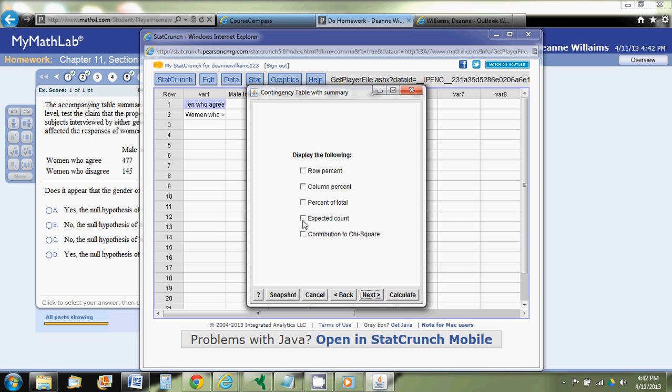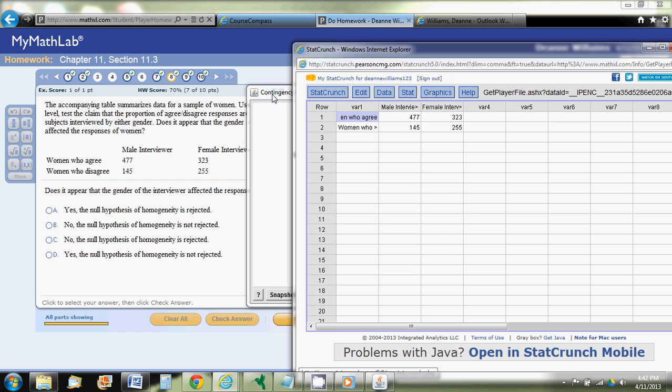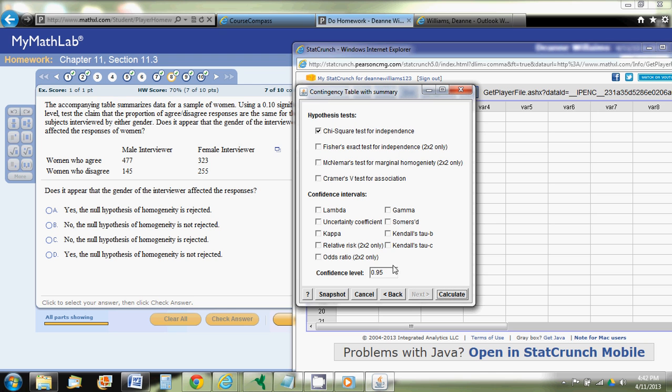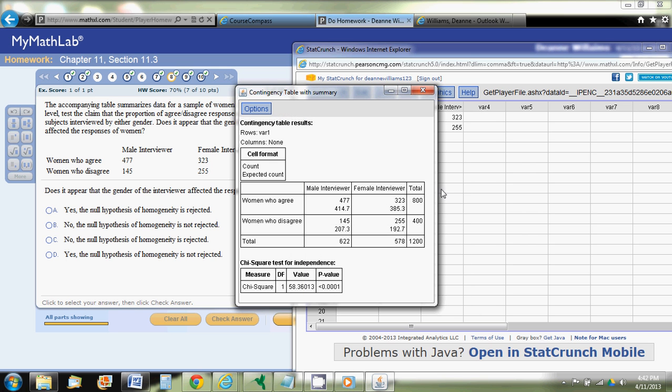We'll do expected count. And then something to pay attention to here is the significance level. Remember, we have a 0.10 significance level, so that means here we need to change our confidence level to 0.90. And then we'll calculate.